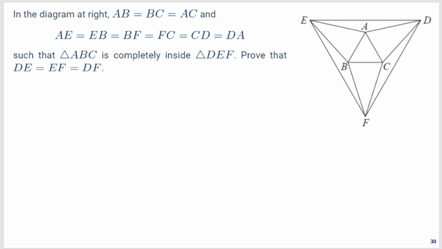Can you prove DE equals EF equals DF? Well, this is a little complex. Don't feel frustrated if you can't think of that at first glance, okay? This is the last question we're looking at in today's lesson.